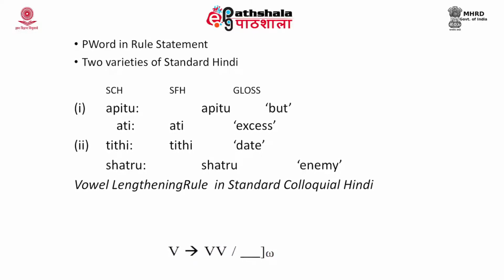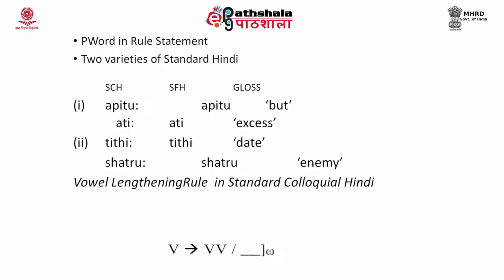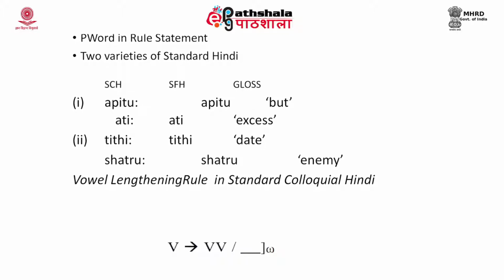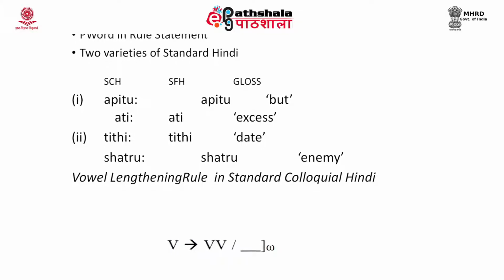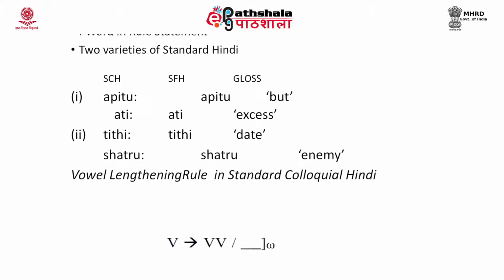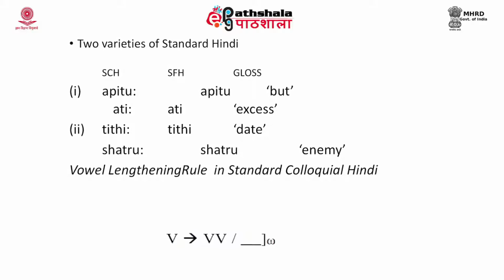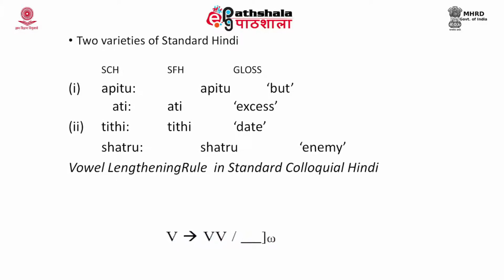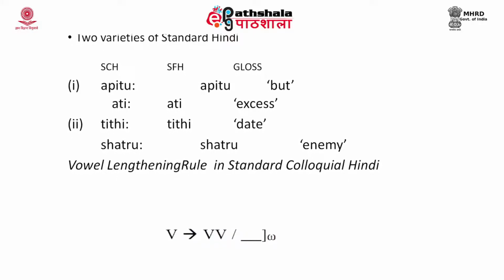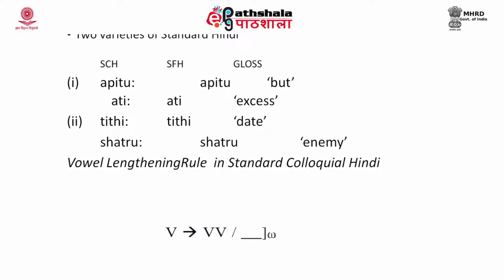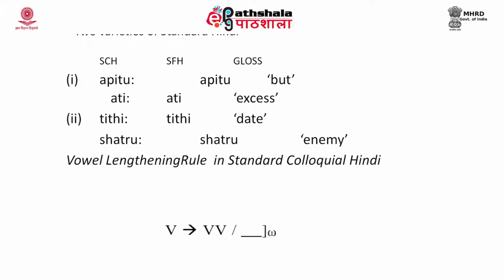So we have apitu, ati, tithi, shatru, compared to standard formal Hindi, where the vowels that end as long vowels in colloquial Hindi are short in formal Hindi, such as apitu, ati, tithi, shatru.